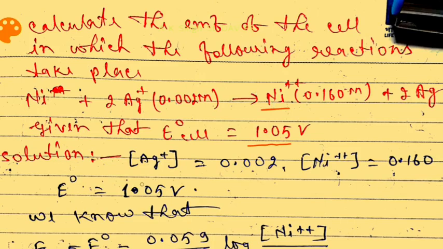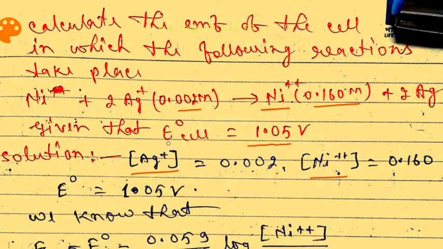At first see what is the concentration of silver ion. It is given in the question, 0.002 m. So write here concentration of Ag+ is 0.002 m. The other concentration, of nickel ion, is given here. So write concentration of nickel ion 0.160.